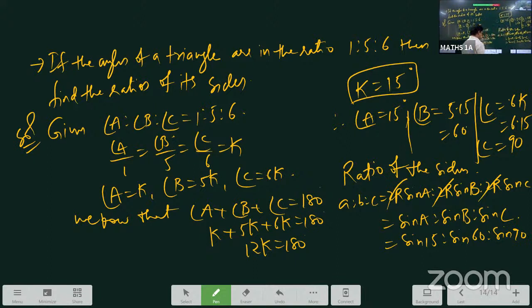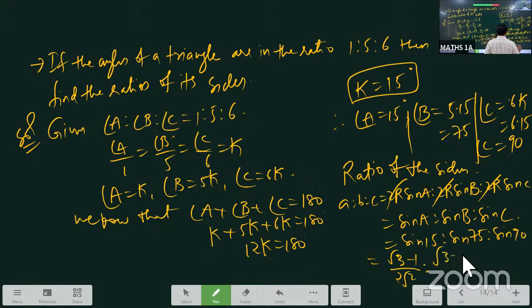Sine 15, 5 is 75. So here also I get 75. Now, sine 15 has value √3 minus 1 by 2√2.